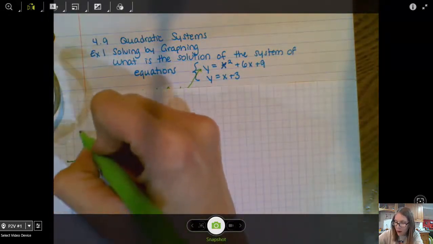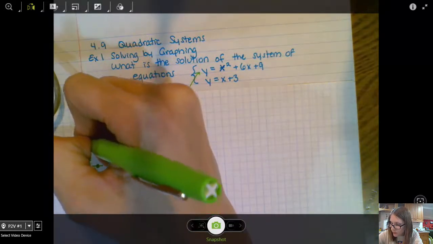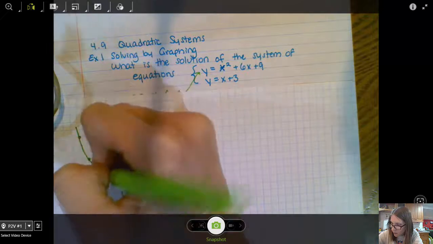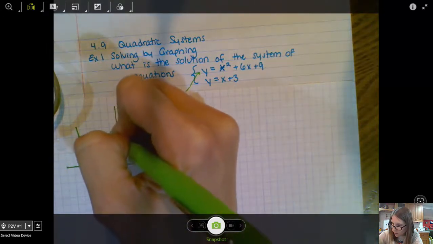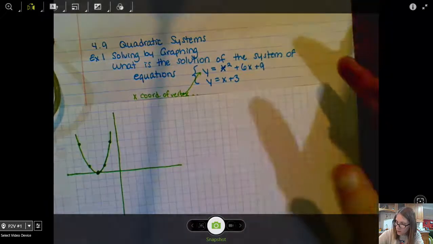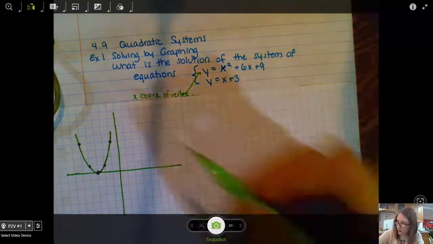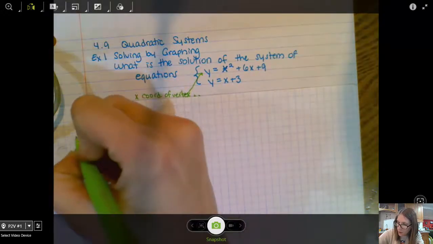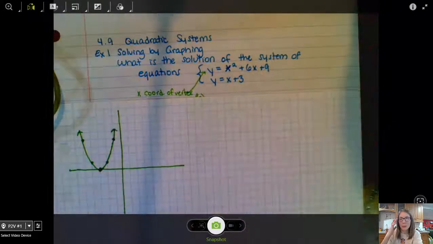Same on the other side of our axis of symmetry. And arrows on both ends. Okay, so we graphed y equals x squared plus 6x plus 9.